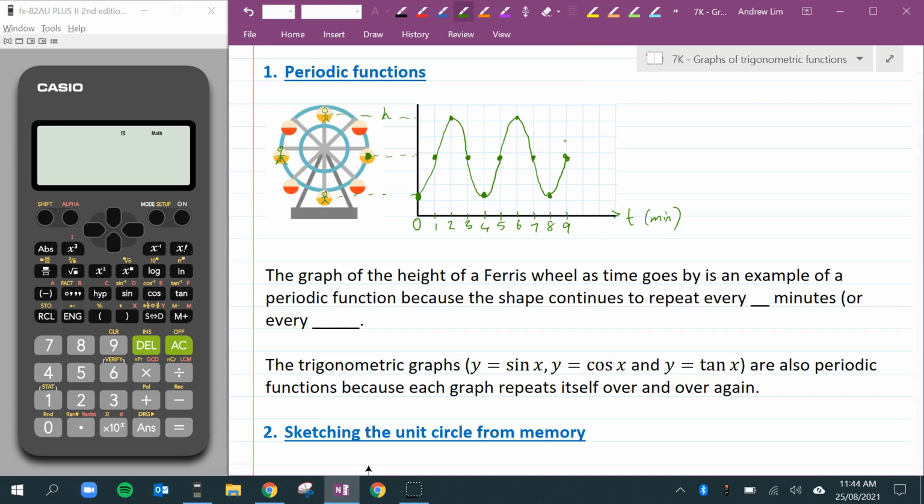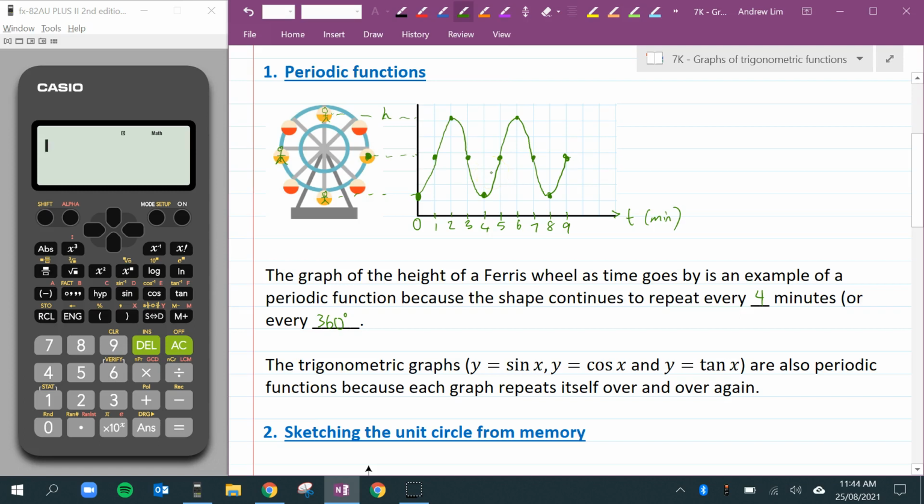The graph of the height of the Ferris wheel as time goes by is an example of a periodic function because the shape continues to repeat every 4 minutes, or every 360 degrees technically, right? Because you're going one full rotation or revolution. So technically at 360 degrees, you're going back to where you started.